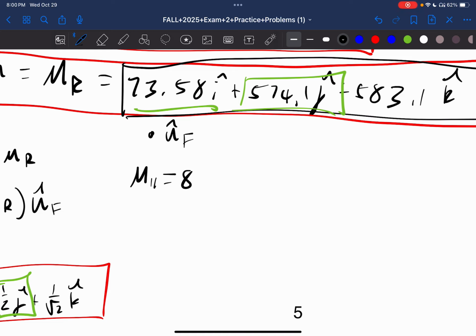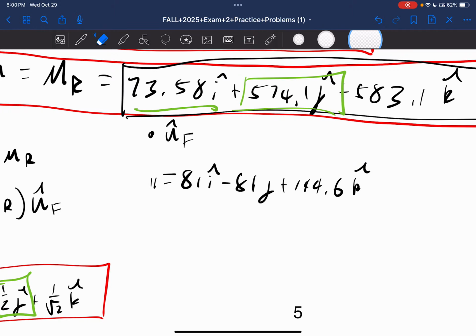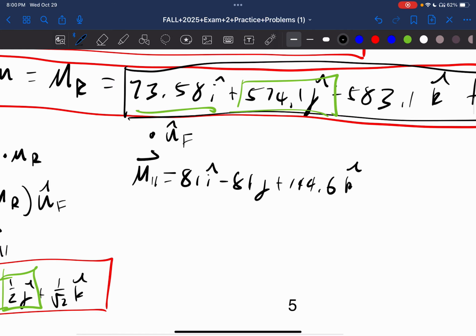So parallel is going to be equal to, just add them up, not that hard. It's going to be what? 81 i direction minus 81 j direction plus 114.6 in the k direction. Okay, good. Now that we have that, that's actually not right. Oops. This is actually a vector.